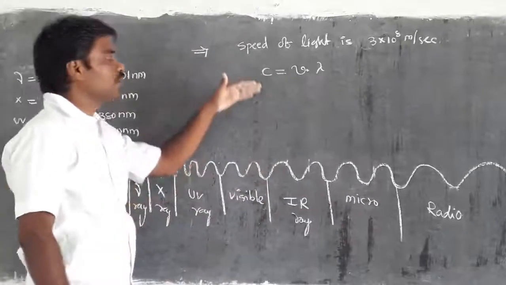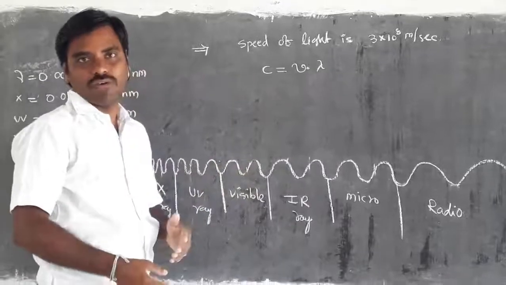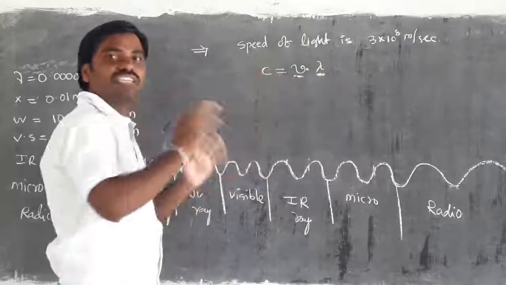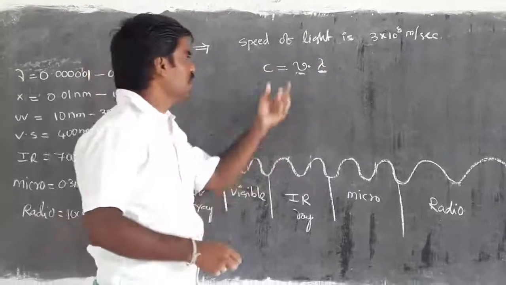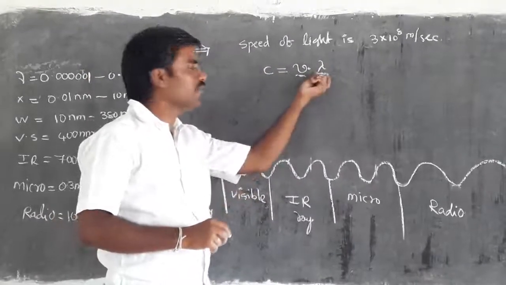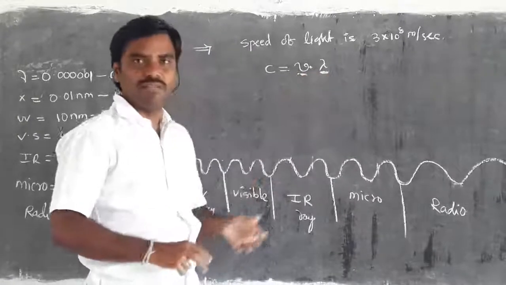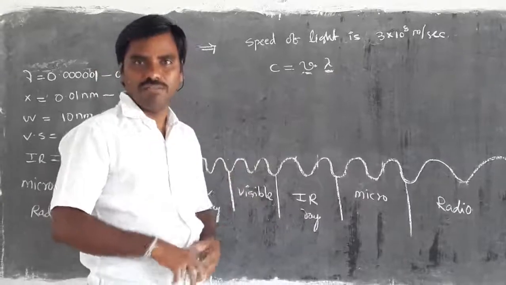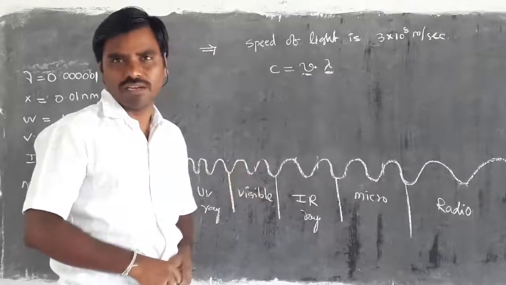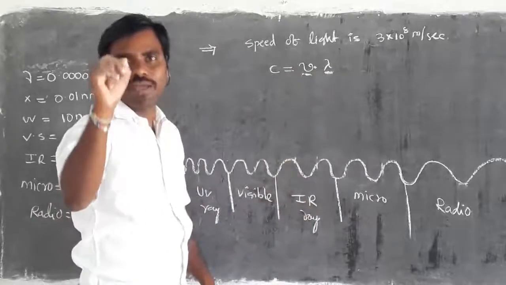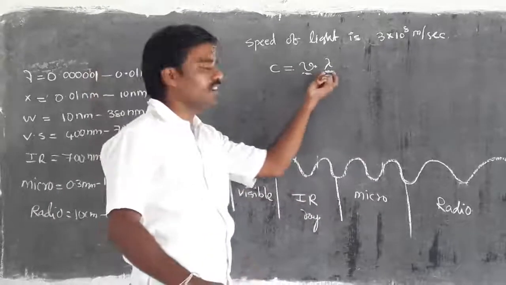Then if you take a particular electromagnetic wave, the values are different, because not all light waves have the same wavelength and frequency. Frequency and wavelength change from light to light, which means we have different colors of light, right?